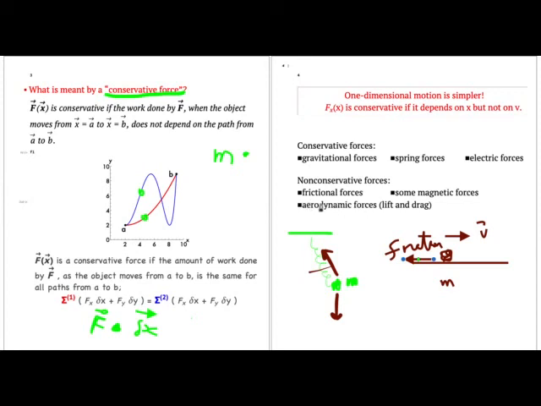Many aerodynamic forces, I already mentioned air resistance, depend on the speed, like lift and drag. Drag is air resistance. Lift is the upward force that causes an airplane to fly. An airplane can't fly if it's not traveling fast enough, because the lift force has to be large enough, and it depends on how large the speed is. So that's not a conservative force.